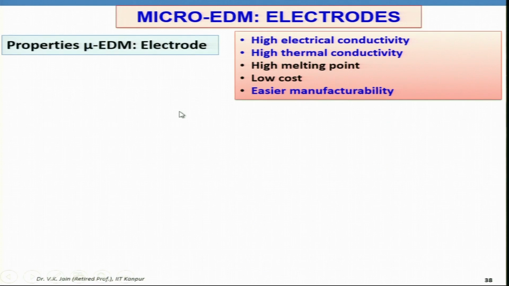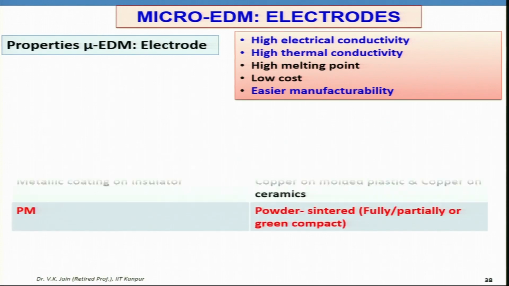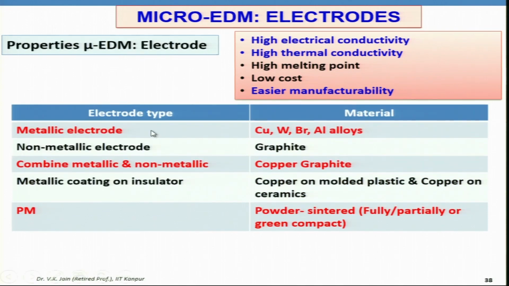These are the desirable properties of the electrode. Now, electrode type: metallic electrode, non-metallic electrode, combined metallic and non-metallic, metallic coating on insulator, etc. Then material used: copper, tungsten, brass, alloy, etc. Graphite: graphite is electrically conductive, but it is non-metallic. That is why you have non-metallic electrode graphite.